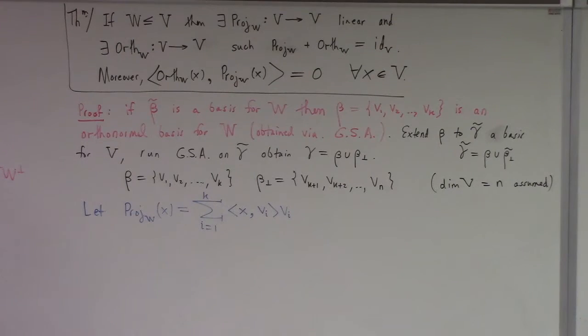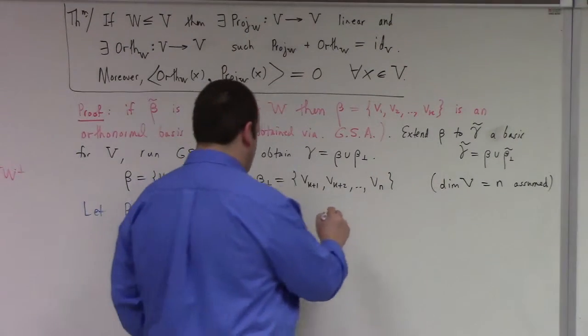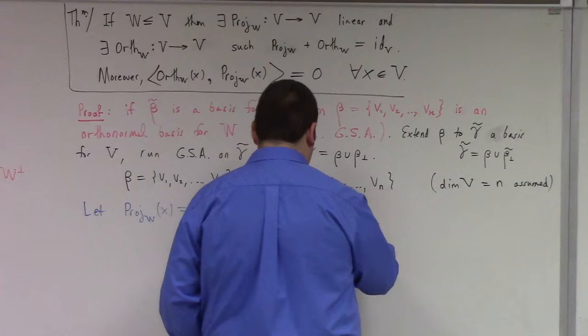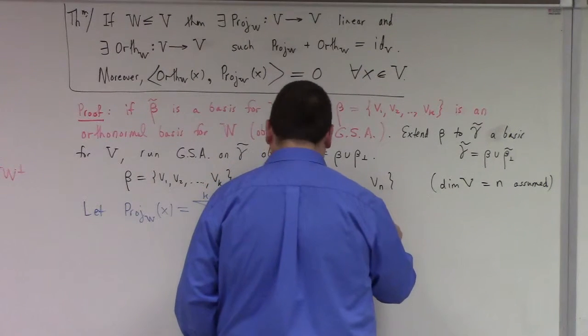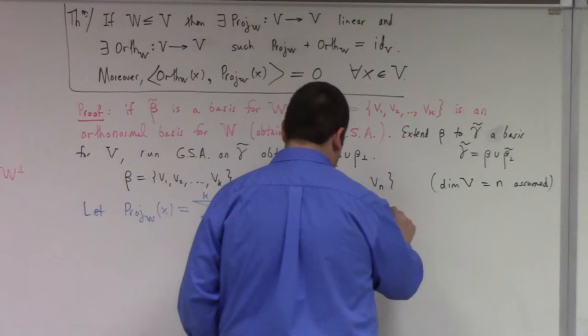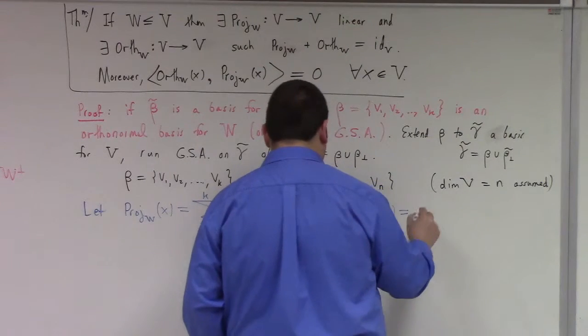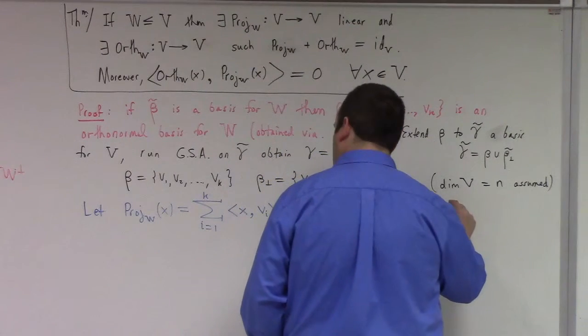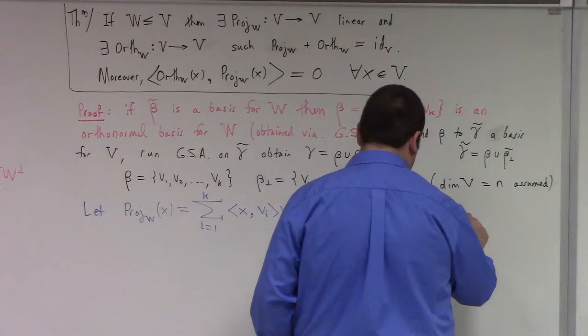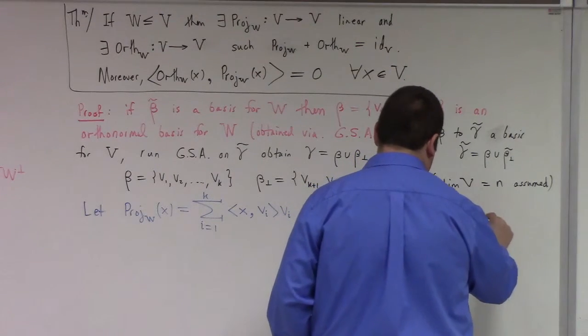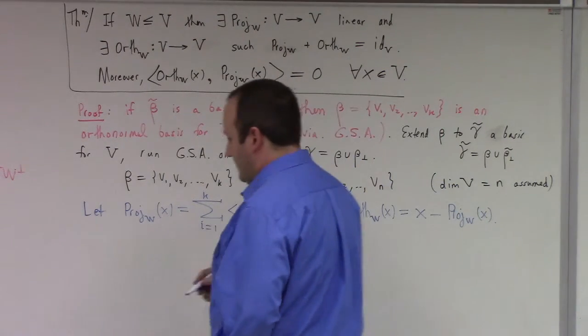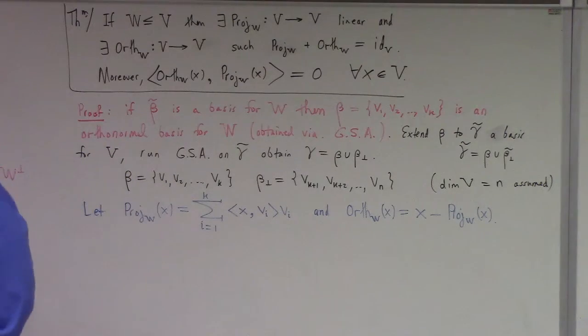And let the orthogonal projection onto W of x equal x minus the projection onto W of x, for all x in the vector space, okay?